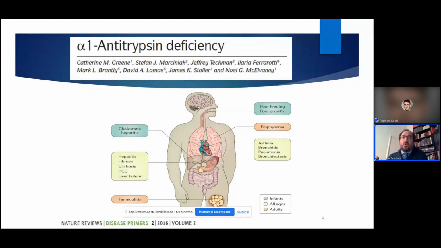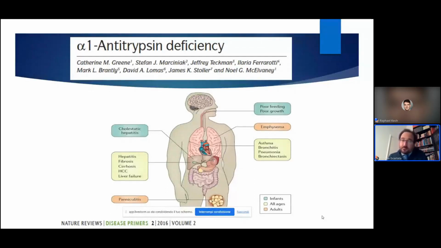Infants typically show very mild or undetermined symptoms, such as poor feeding, poor growth rate, or sometimes specific liver disease and conditions such as cholestatic hepatitis.